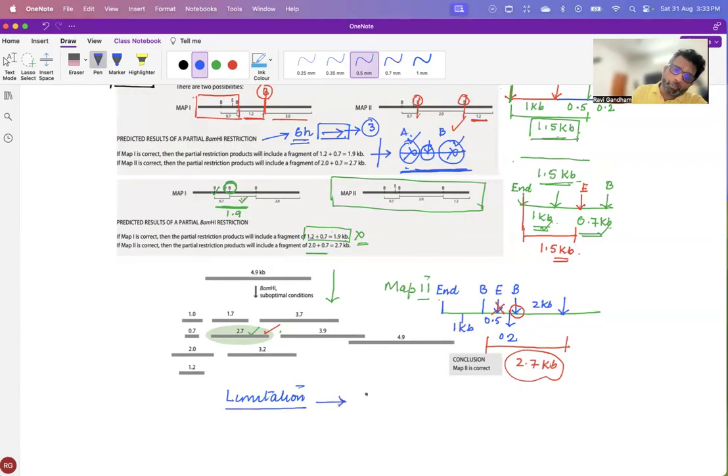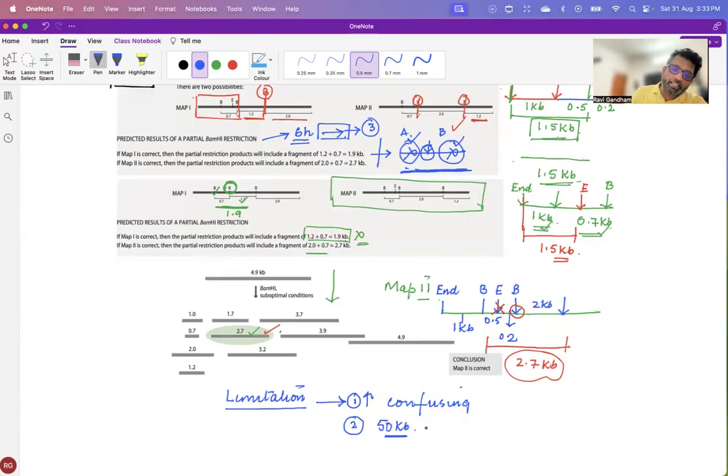The more restriction enzymes you consider, the more confusing the entire analysis becomes. However, it is proven that this holds good only to a fragment size of 50 kb.